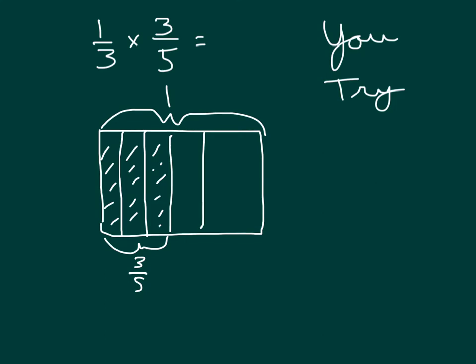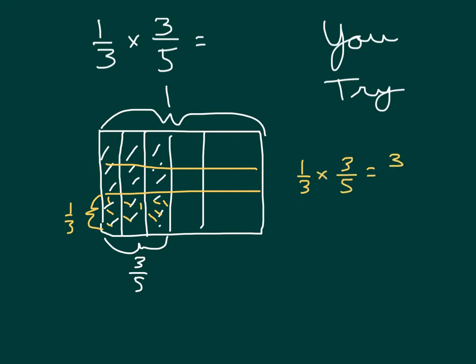Then in this case, we're looking at 1/3 of that 3/5, and so we are drawing horizontal lines to divide that into 3 parts, and we're only looking at 1/3 of it. So our answer then would be 3 in the numerator. So we have 1/3 times 3/5 equaling 3 in the numerator.